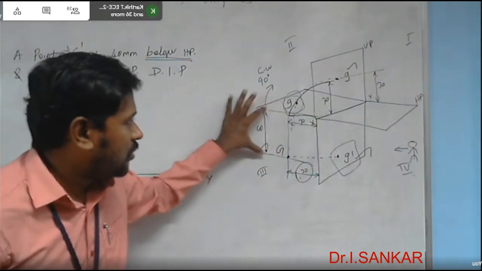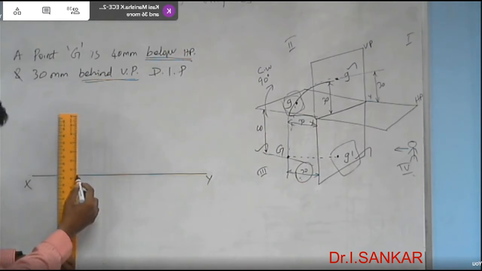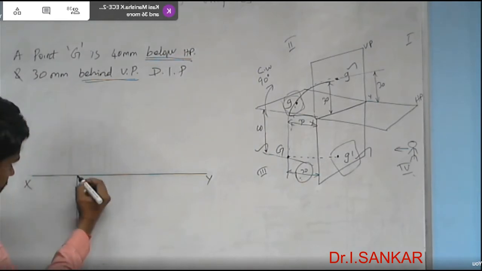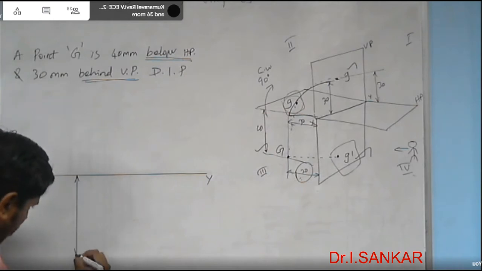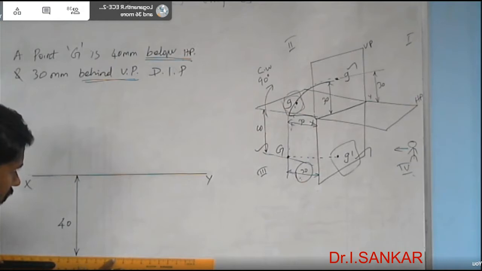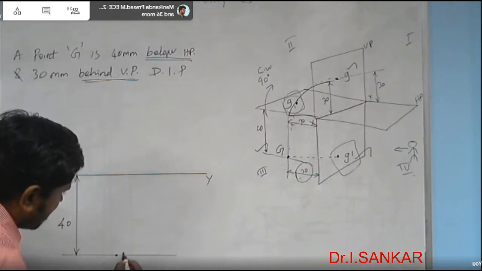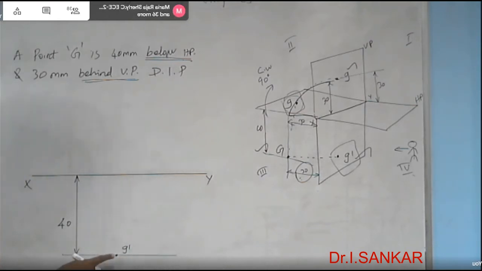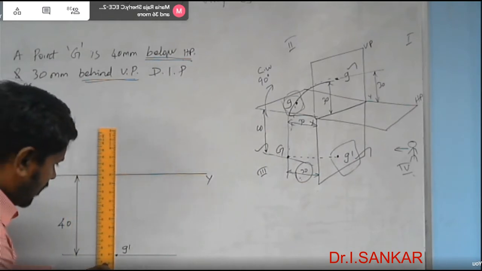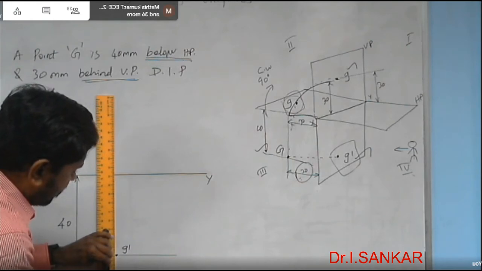So from the XY line, we are measuring 40 mm, and I am marking a point G dash here. Immediately I am drawing the projector line towards the top view area.